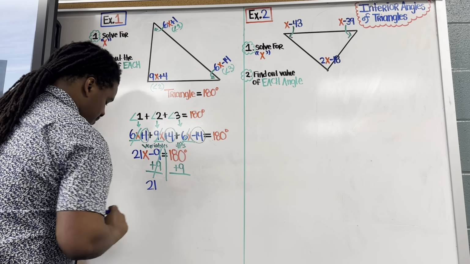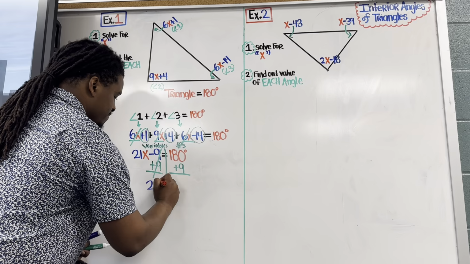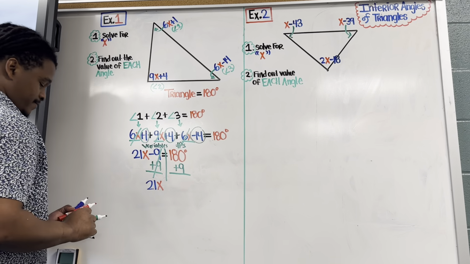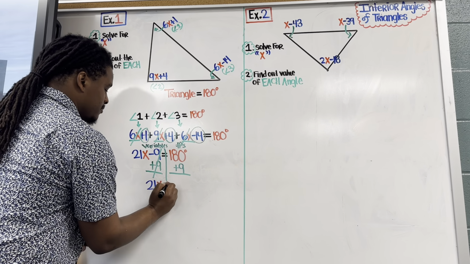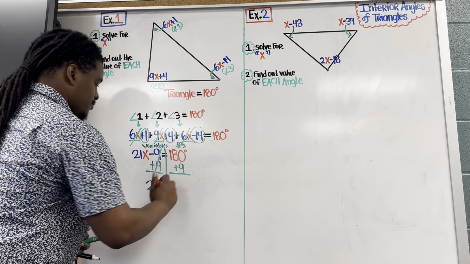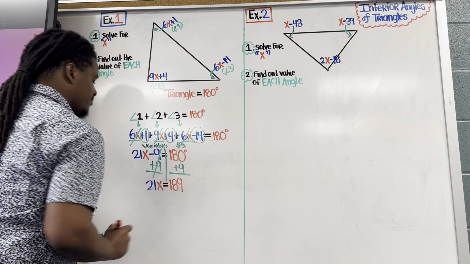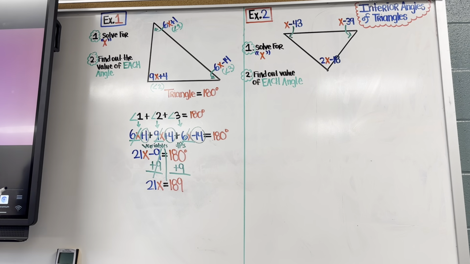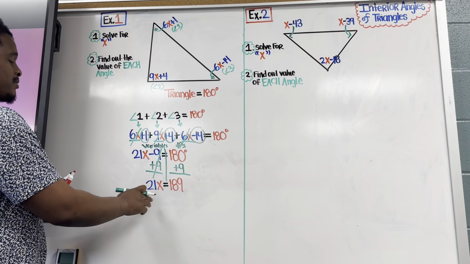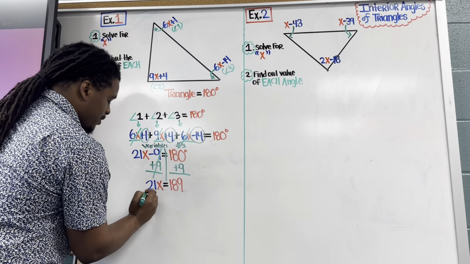So now I have 21x equals 189. Now, in order to get x by itself, we have to divide both sides by its coefficient, which is 21.